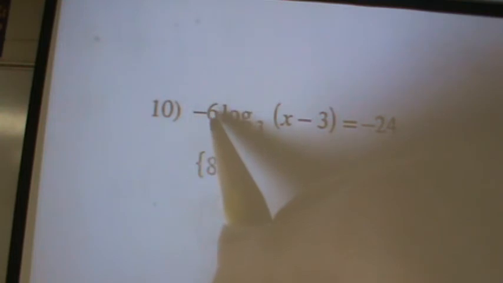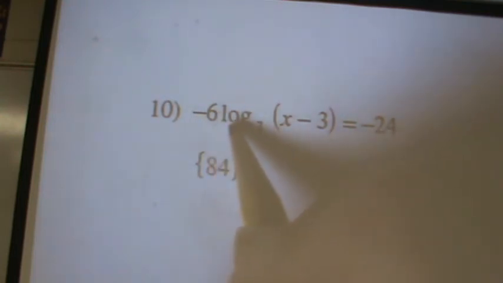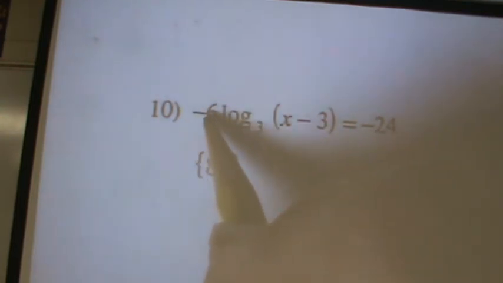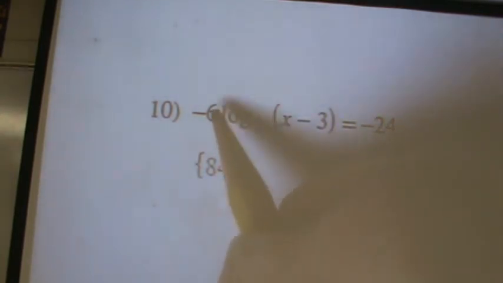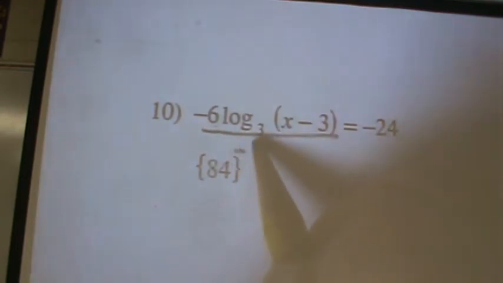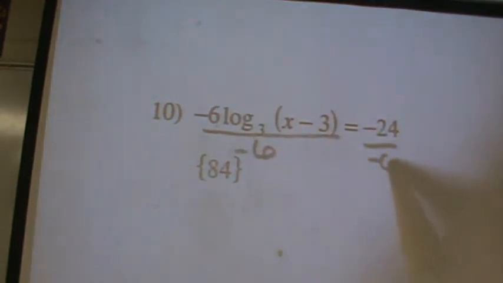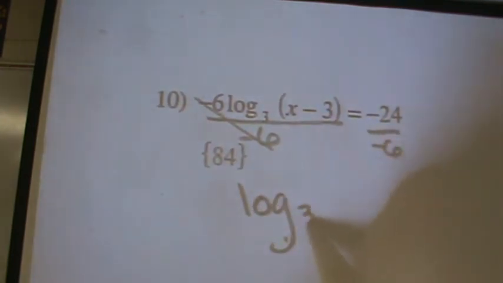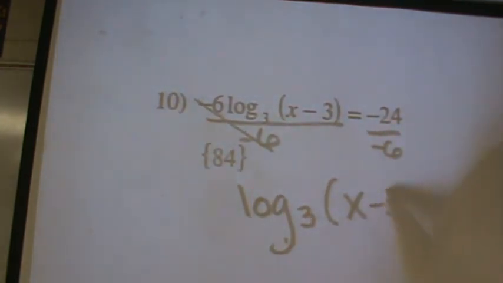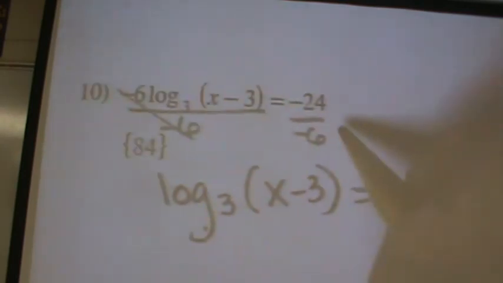Not add 6, it's the same. Negative 6. You want to divide. This reads negative 6 times the log base 3 of x minus 3. So to undo a product, you divide. So this one is the log base 3 of x minus 3 is equal to, what's negative 24 divided by negative 6?